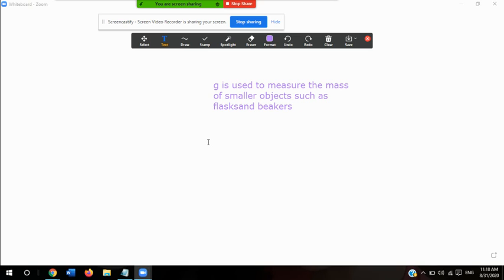One last thing. Another unit used to measure the mass of smaller objects is the milligram. A milligram is 1/1000th of a gram and 1/100,000th of a kilogram.